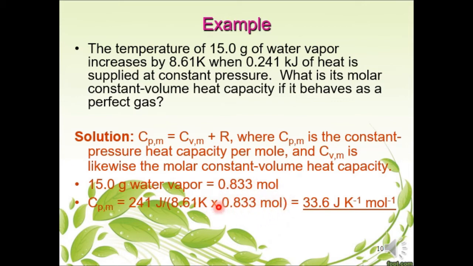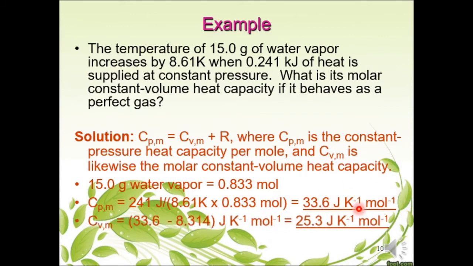That's why you see multiply by 0.833 in the denominator here, so that the Cp would be this value. Now to calculate Cv, put this here and substitute the value of R with the same unit, and you get to solve Cv. Note they are the same unit, that's why initially you convert this into joule.